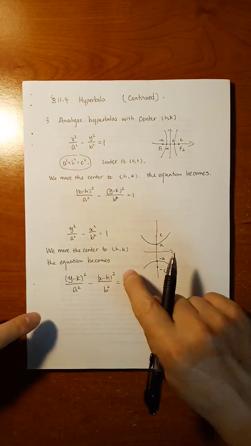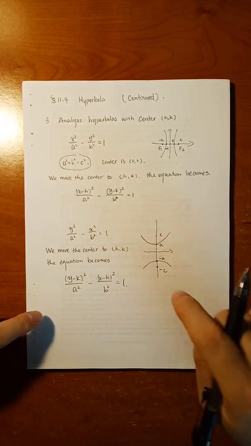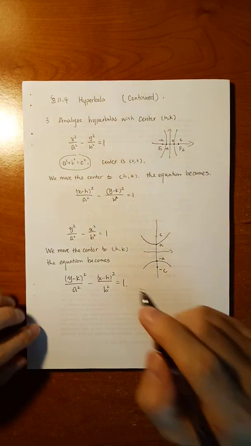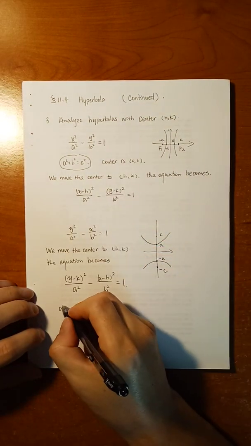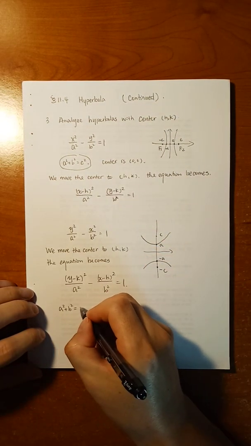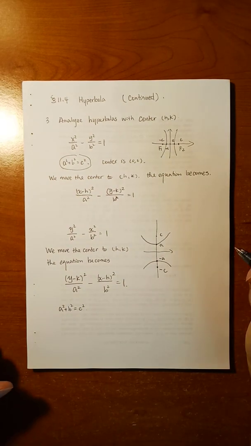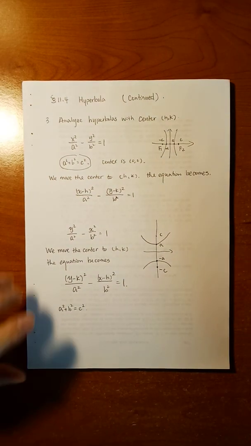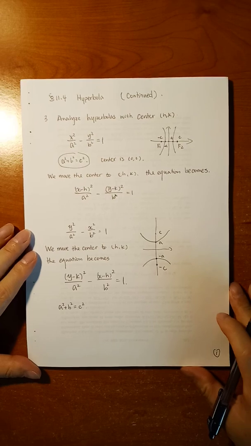Okay, exactly the same behavior. x minus h, y minus k. And again, a squared plus b squared is equal to c squared. So that's the same similar thing.